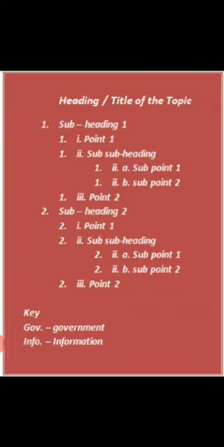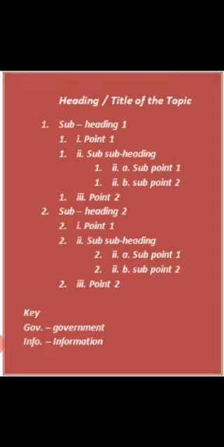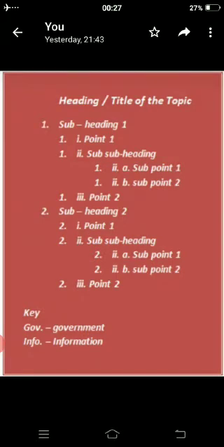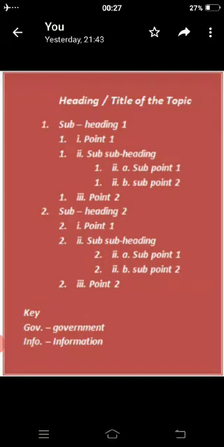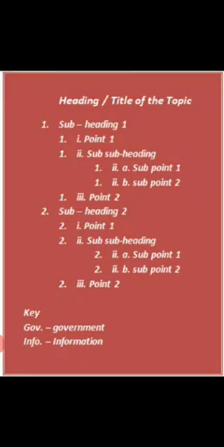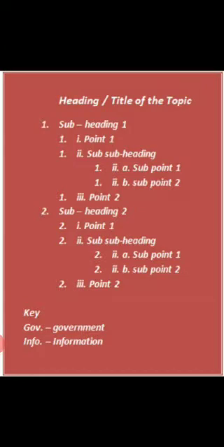Now students, there are some points which we have to keep in mind. There shouldn't be any verbs or articles or pronouns. Verbs like is, am, are, or was, were shouldn't be there in our note making. Pronouns like he, she, it, they, and articles like a and the must be omitted to make it shorter.